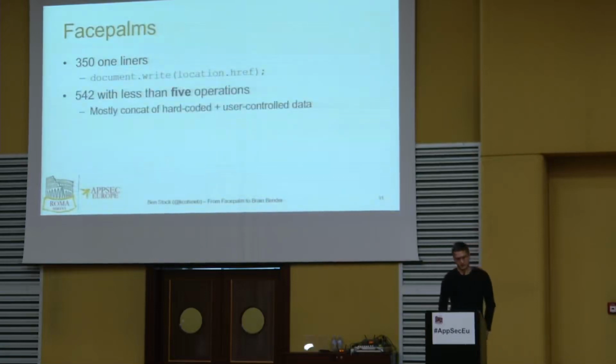We also had 542 vulnerabilities with less than 5 operations, a superset of the 350, mostly a concatenation of hard-coded, user input, hard-coded. Remember the example from the beginning, you had exactly this, so it's very easy.